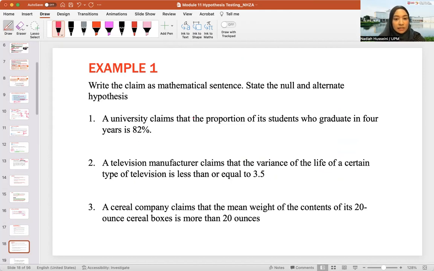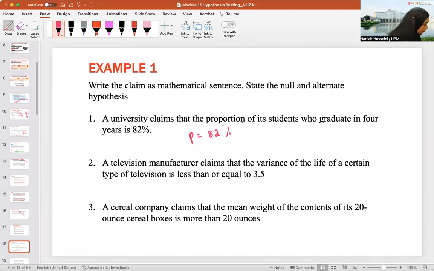Okay, so the university claims that the proportion of its students who graduate in 4 years is 82%. So P equals 82%. Is this our null or is this our alternate hypothesis? I'll just show you the way to find out.